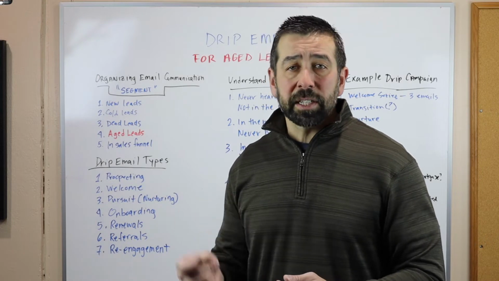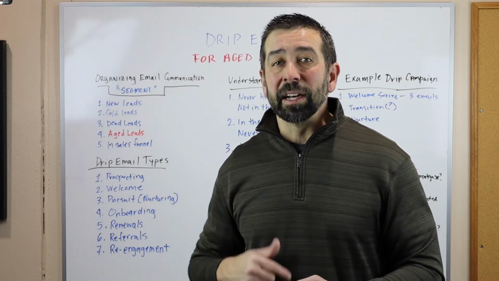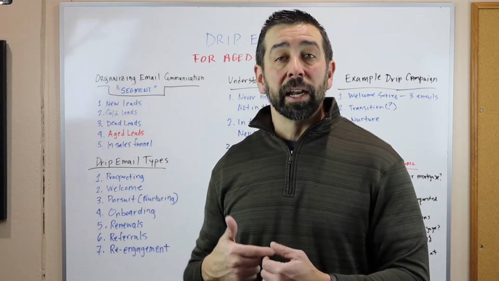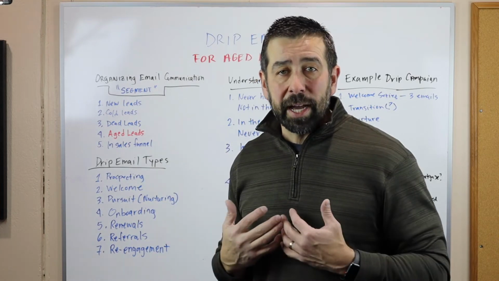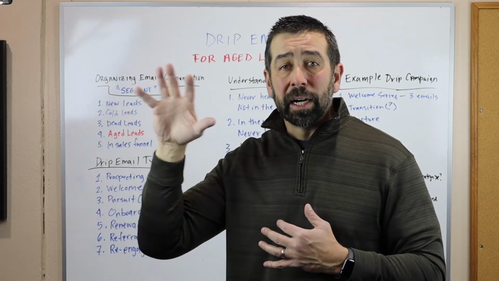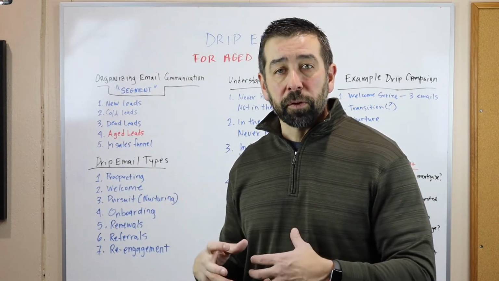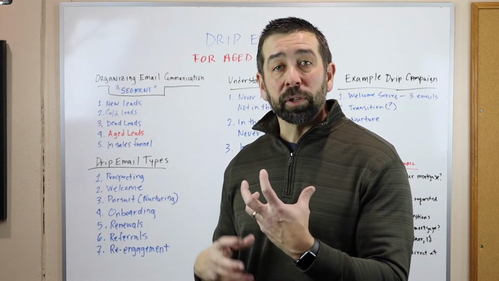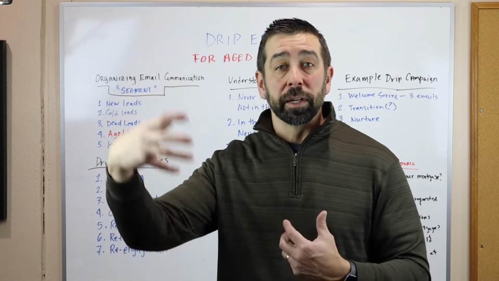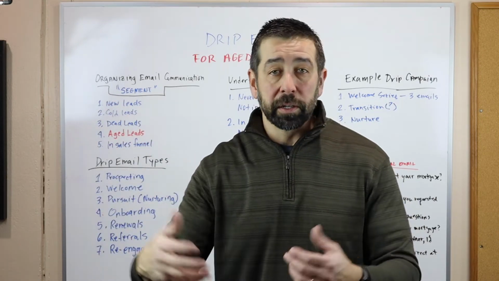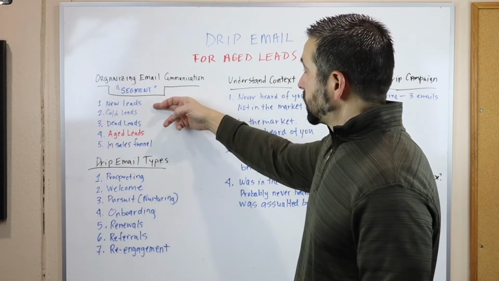For these emails, speed matters, and so does having them understand that I'm the one they contacted, especially if you're buying leads from a real-time lead provider. It's really important for them to know that I am responding to the inquiry they made somewhere on the internet. So new leads is a category.